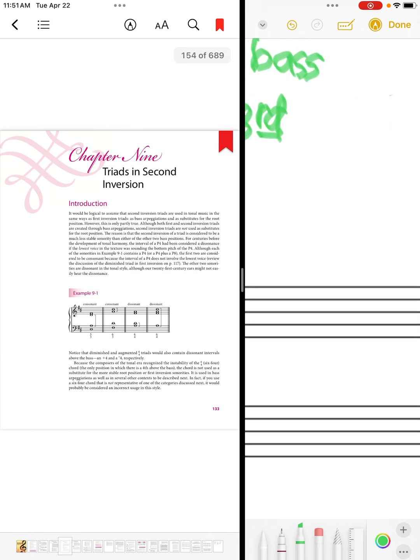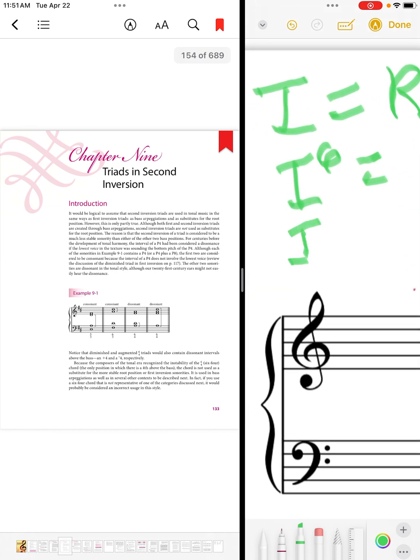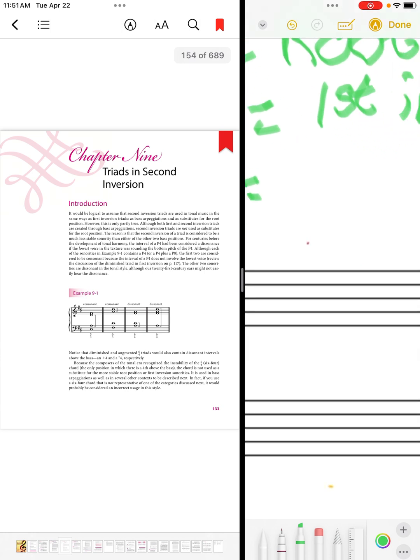Third in the bass. For a 1/64, it's commonly going to be the 5th.